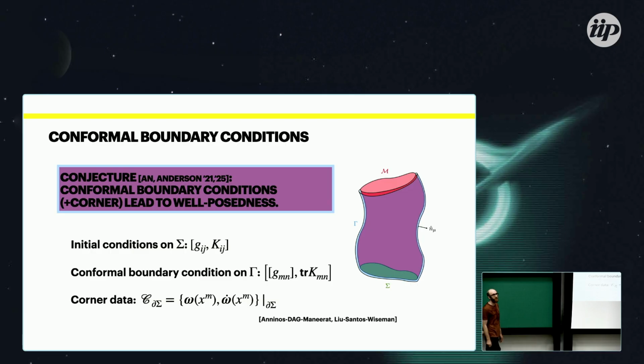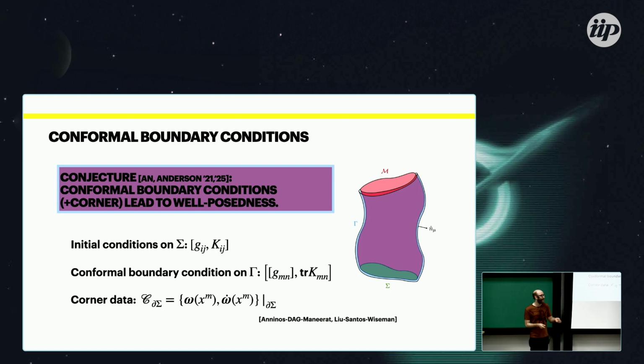But basically what we do in this problem is first we set the same initial conditions on sigma as we were doing before and as we do in the initial value problem. But then on gamma, we will not fix the entire induced metric, but we will only fix the conformal class of it. So these square brackets over here are saying the conformal class. We fix the whole metric up to a conformal factor.